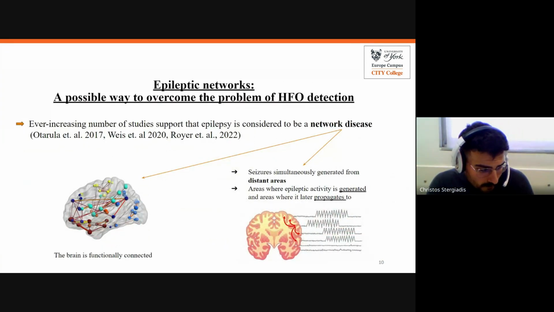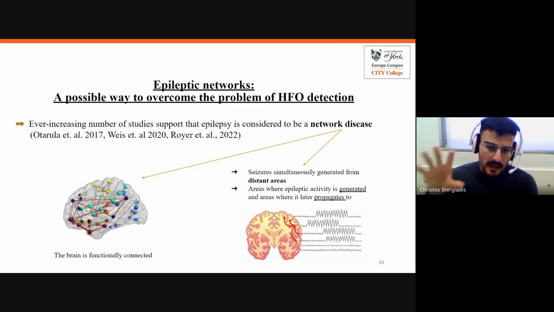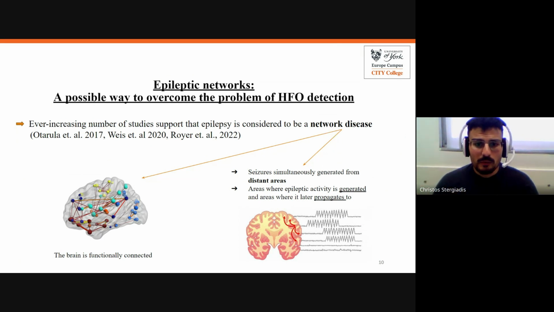So an avenue now in high-frequency oscillation research is that maybe instead of just taking the HFO events themselves, we can work with networks, because we know that our brain is functionally connected. There is an ever-increasing number of studies supporting that epilepsy is considered a network disease.